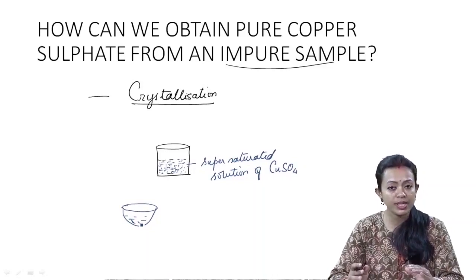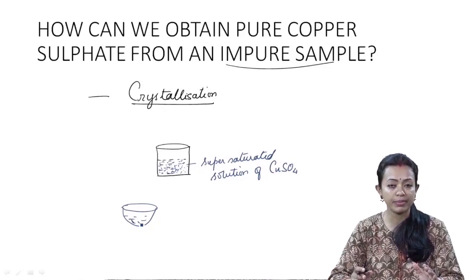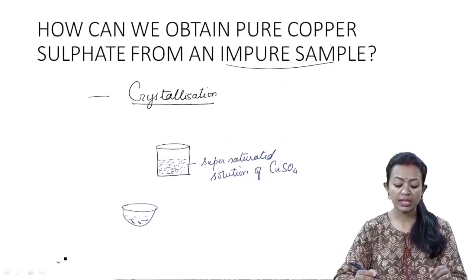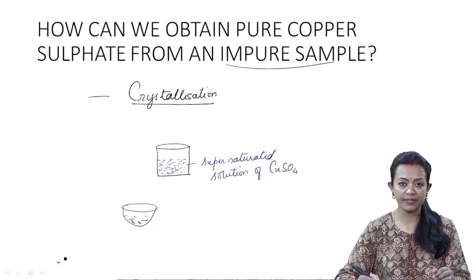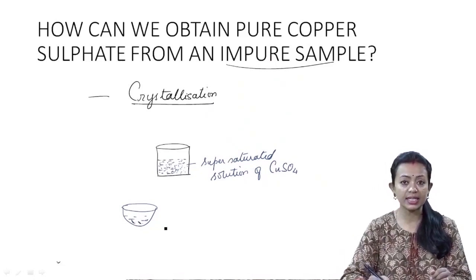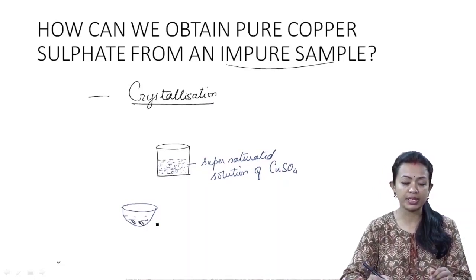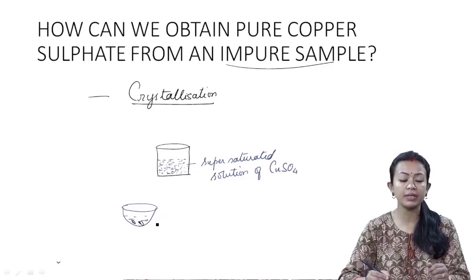Now when this supersaturated solution at high temperature is brought down to room temperature, the solute particles tend to coagulate together, come together and form crystals. Now this supersaturated copper sulfate solution, when taken in the china dish, has crystals of copper sulfate separating out. And you know why it happens?